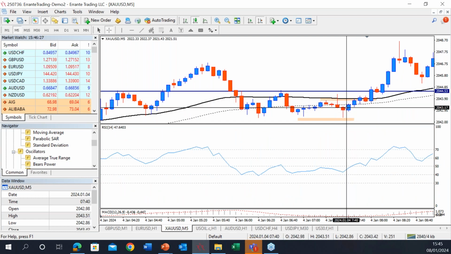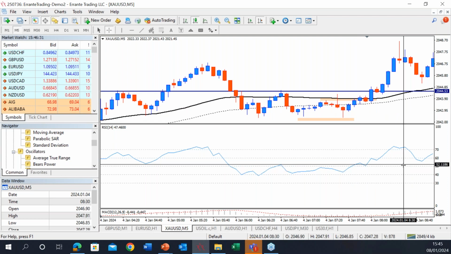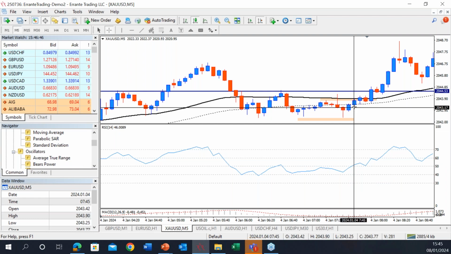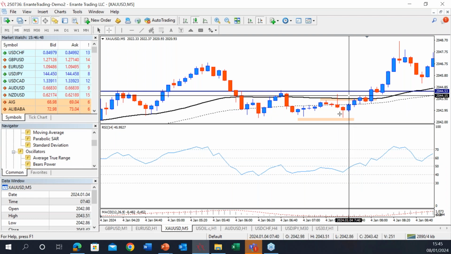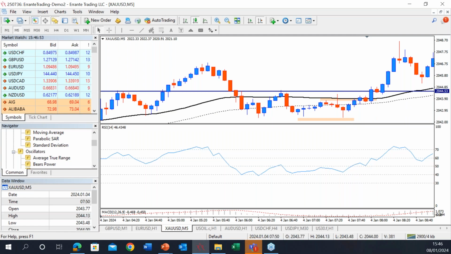The confirmation here is finding RSI crossing above the 50 level, which is a clear signal of changing the market sentiment, and it means bulls are getting back in control. So we can confirm this reversal pattern using the RSI crossing above the 50 level.